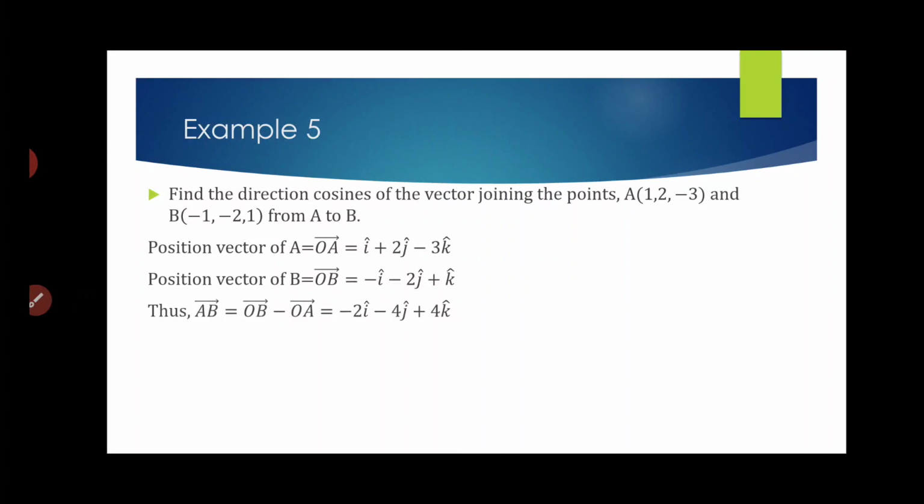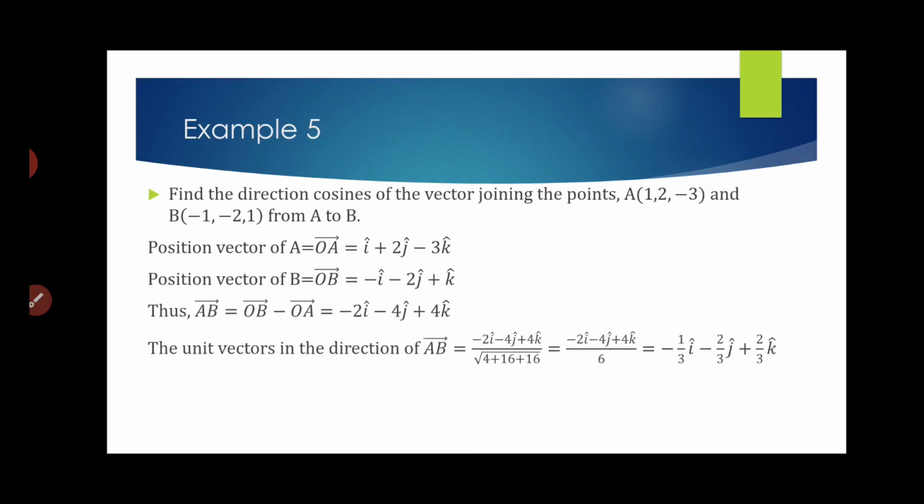So let me first find the unit vector, and the unit vector is basically minus 1 by 3 i minus 2 by 3 j plus 2 by 3 k. Fine. So therefore the direction cosines will be minus 1 by 3, minus 2 by 3 and 2 by 3. Fine.